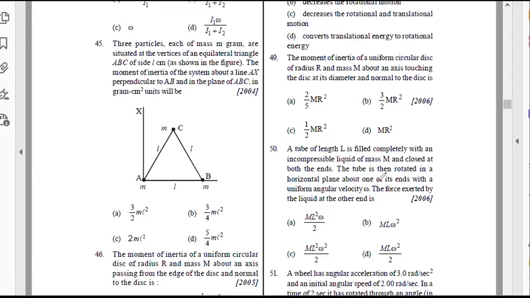You can eliminate two options by dimensional analysis. Yes or no?